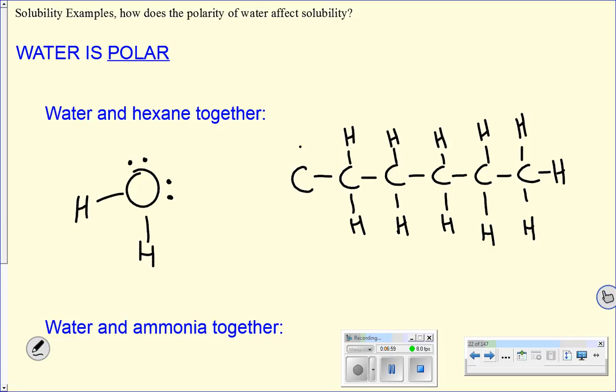This stuff has very weak intermolecular forces. This is a nonpolar molecule. When water shows up to the scene, it has no way of interacting with that hexane. It's kind of like if you meet somebody that's totally different from you and you don't think you have anything to talk to them about. Since we have negative and positive charges on water, they really don't have anything to attract to in the hexane molecule, so they just don't interact with each other.